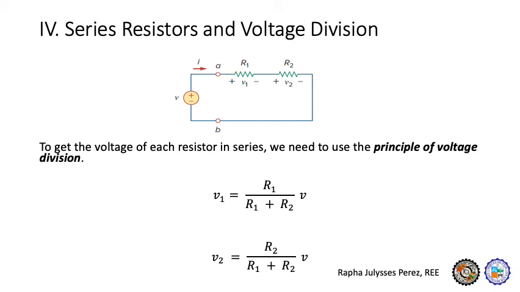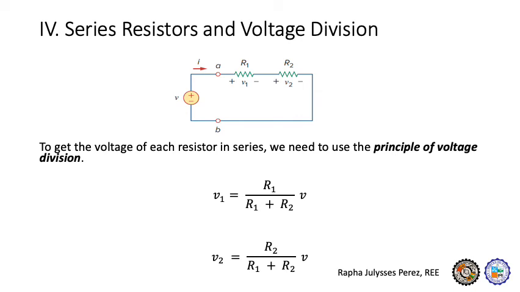The derivation of these formulas can be found in the textbook. If you want to learn more about that, you can browse through the textbooks. But in order to provide you with a ready formula, this is how you would calculate the voltage for each of the resistors in this particular diagram.